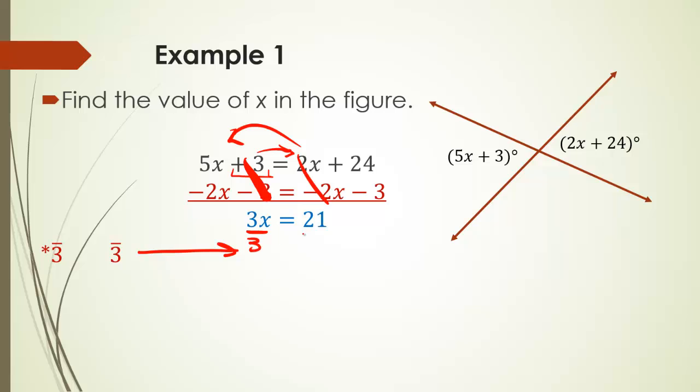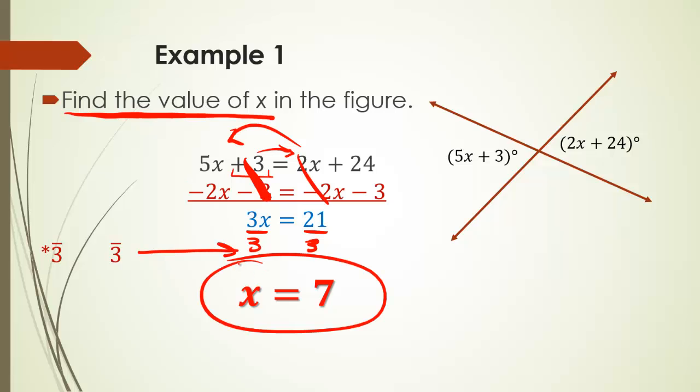So divide both sides by 3, and that'll give you x = 7, because it asked us to find the value of x. It didn't ask for the measure of the angle. If it did, we would plug it into both just to make sure the angle measures are equal. But in this case, it just asked for the value of x, which is 7.